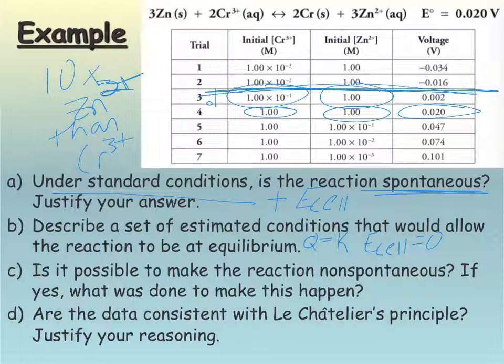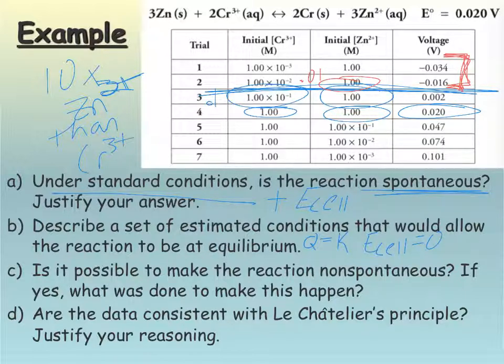All right, is it possible to make the reaction non-spontaneous? So at any point on here, do we get an E cell value that is negative? And if you look, you sure do. So in order to make this happen, we basically have a reactant concentration of 0.01 and then a product concentration of 1.